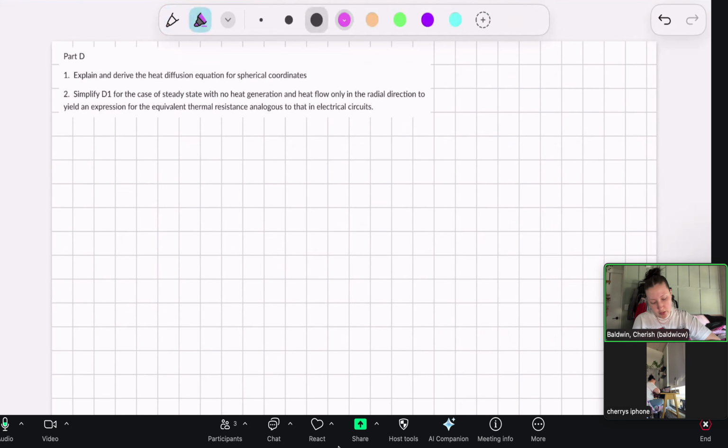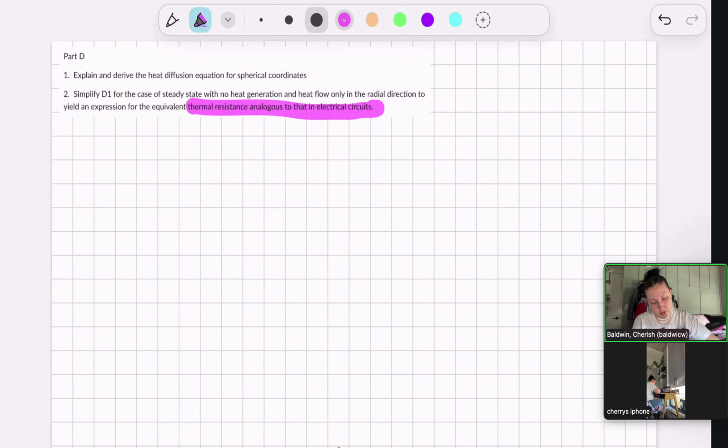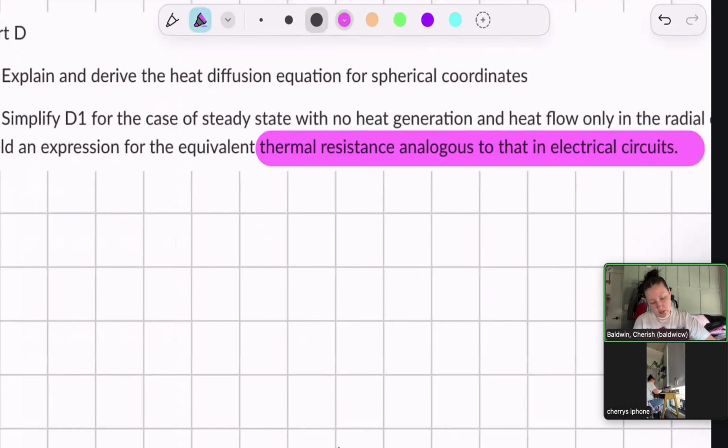Alright, so now I'm going to derive the thermal resistance for the spherical heat diffusion equation.